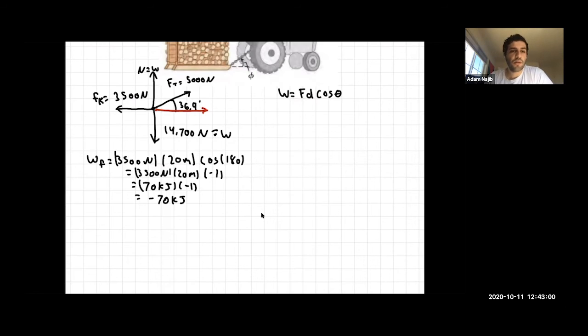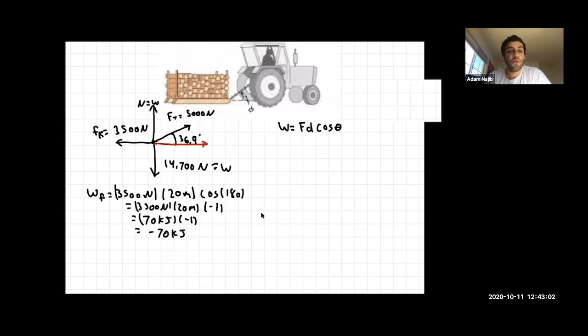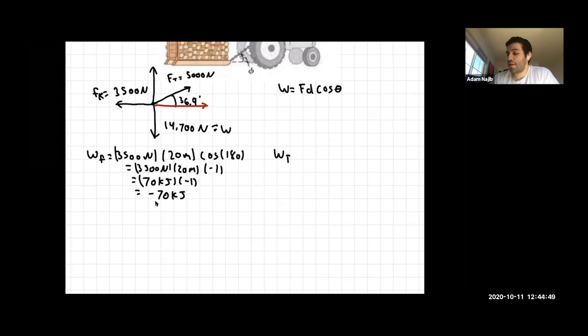Okay, well, let's look at the other forces that I have to do now. I have to do the force due to tension, which is from the tractor. So W sub T. Focusing back up, now that we're solving for work due to tension, this is equal to force due to tension times distance times cosine of that angle.